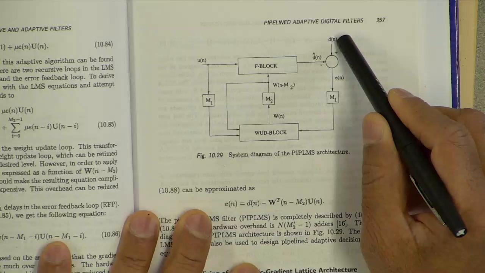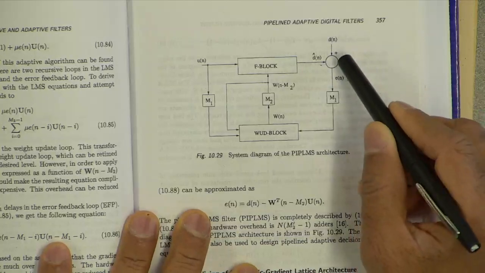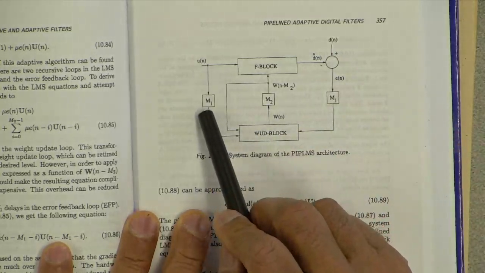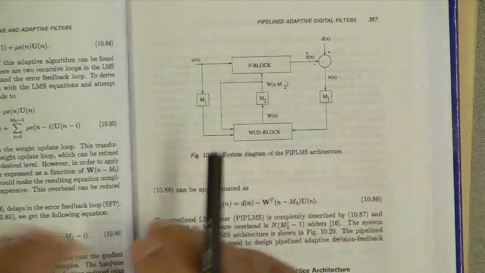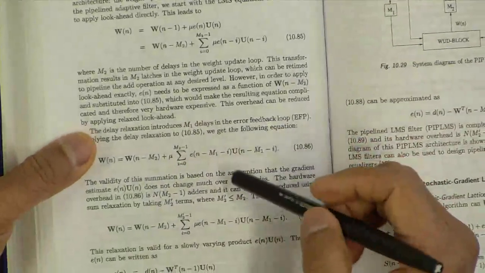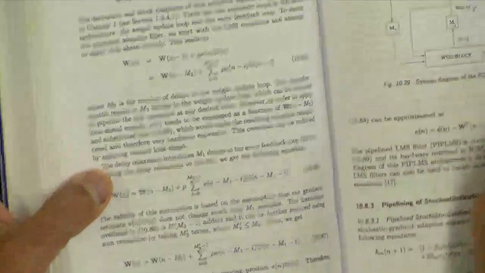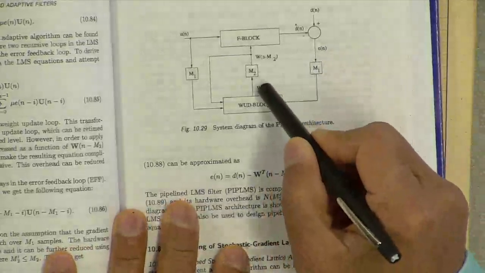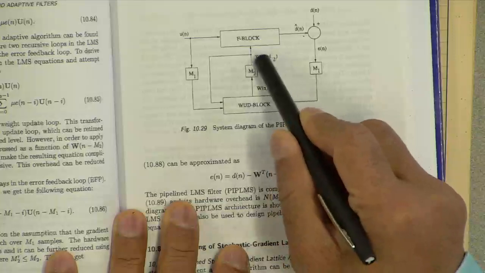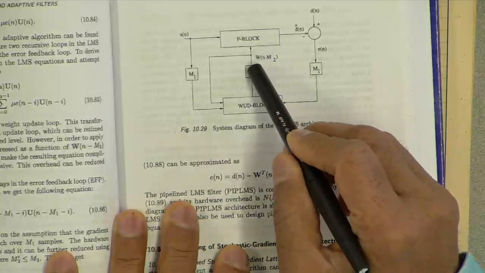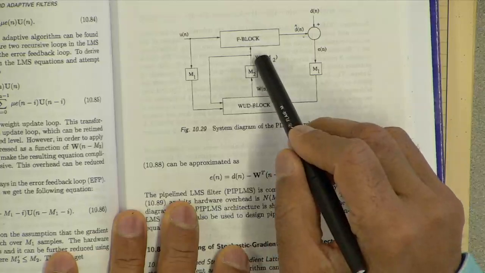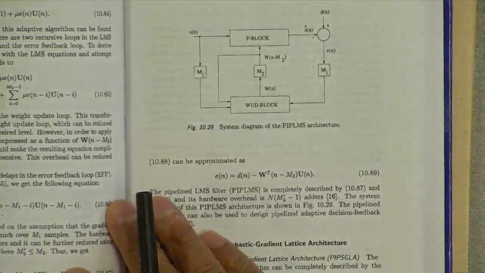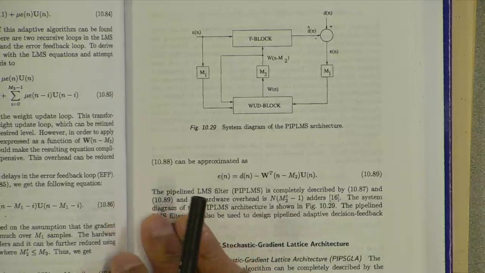Then we have the desired signal Dn, and we do the plus minus and compute the error. What you see here is the input delayed by m1 and the error delayed by m1, and that is the delayed gradient. We are delaying the gradient E times U by m1 clock cycles. The weight update Wn is computed using W(n-m2), the output m2 clock cycles back. So that is essentially the delayed LMS adaptive filter with all kinds of approximations.